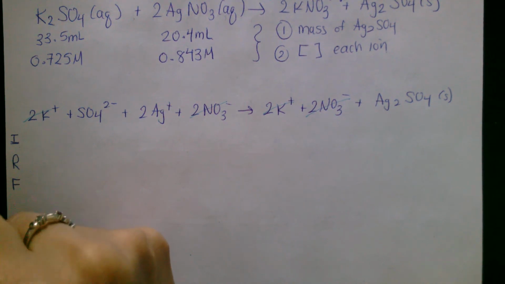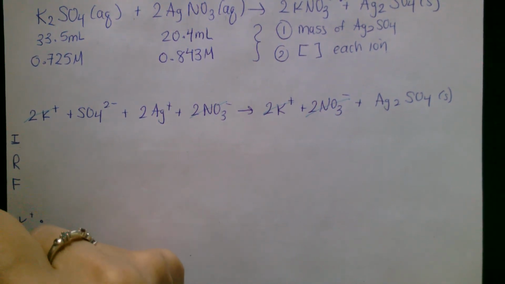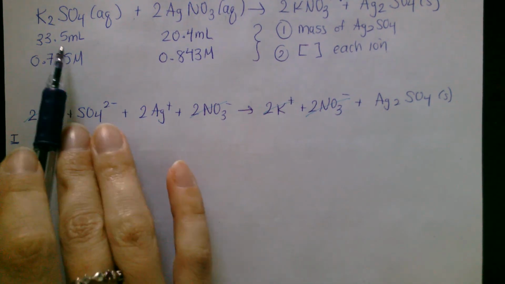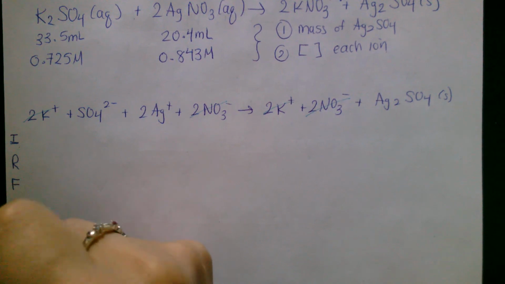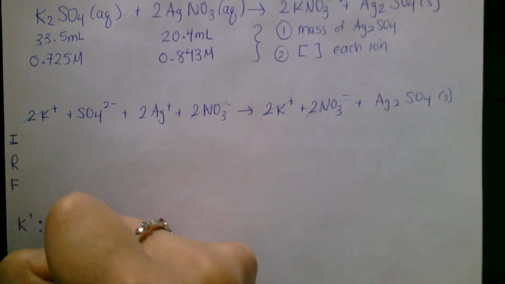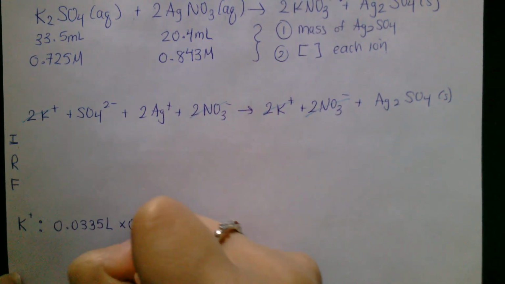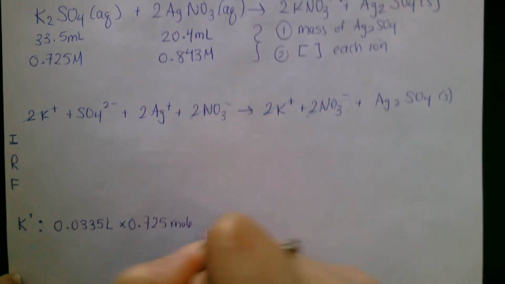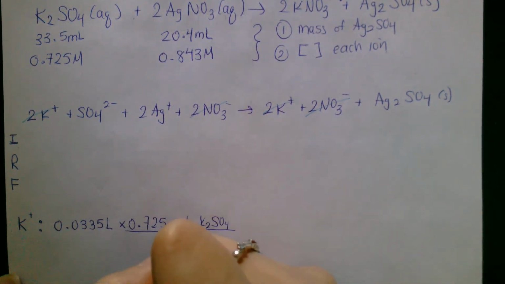Let's start with potassium. Potassium is coming from potassium sulfate, so that is 0.0335 liters times 0.725 mole of K2SO4 per liter.